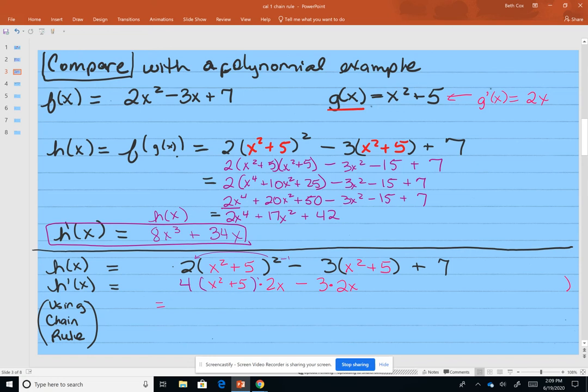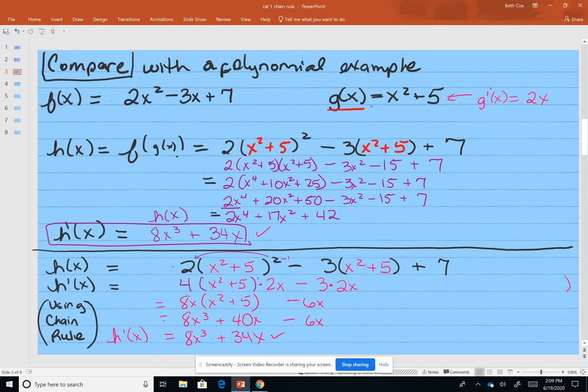That's the way I wanted to do it. Okay, so that's going to give me 8x times x squared plus 5, which is 8x to the third plus 40x minus 6x. Hey, guess what I'm getting? I'm getting the same thing. Well, duh, I should. I used the chain rule.